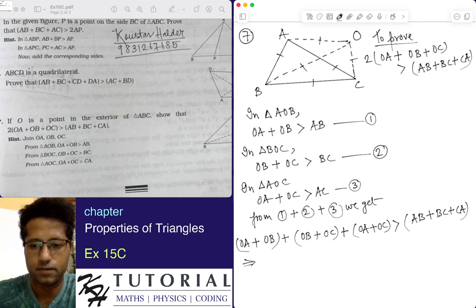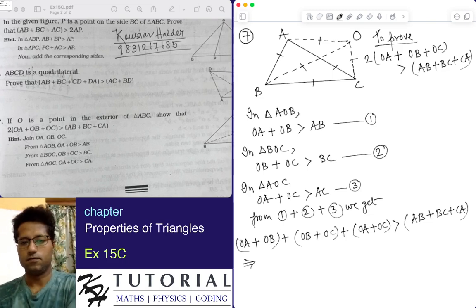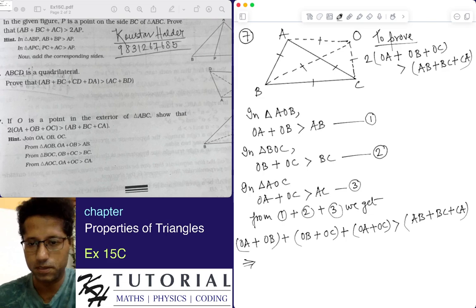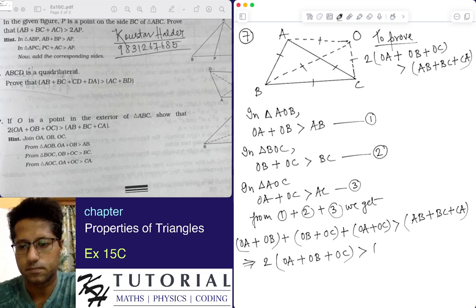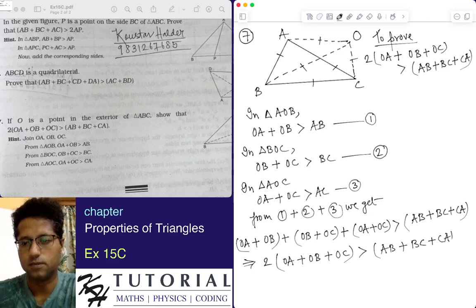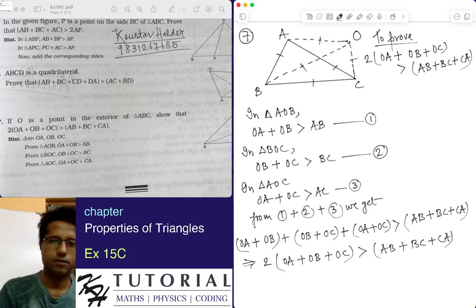Now if we simplify the left hand side, we have 2 times OA, 2 times OB and 2 times OC. So we will have twice of OA plus OB plus OC is greater than AB plus BC plus CA, and this is what it has asked to prove.